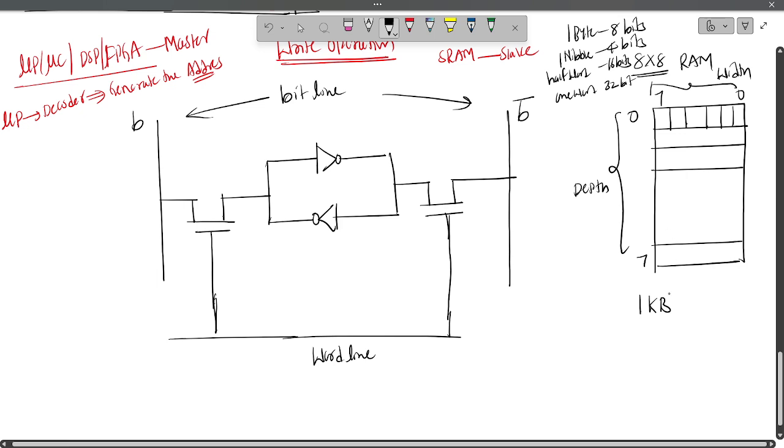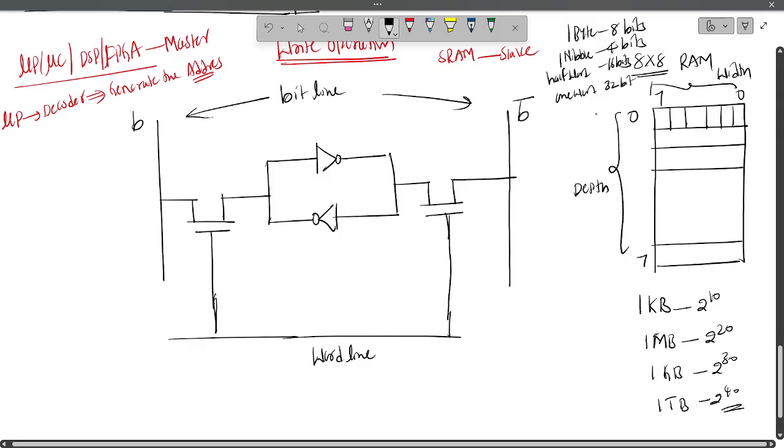So if memory is 1 kilobyte, there are 2 power 10 locations. 1 megabyte means 2 power 20 locations, 1 gigabyte means 2 power 30, and 1 terabyte means 2 power 40. Like this memory is there.